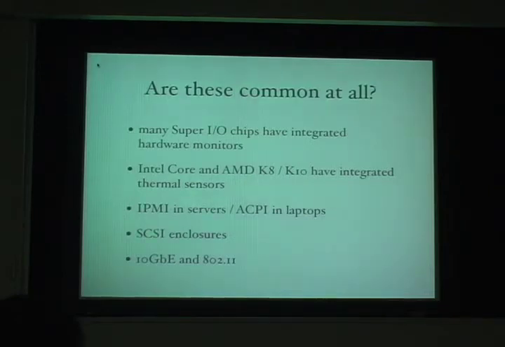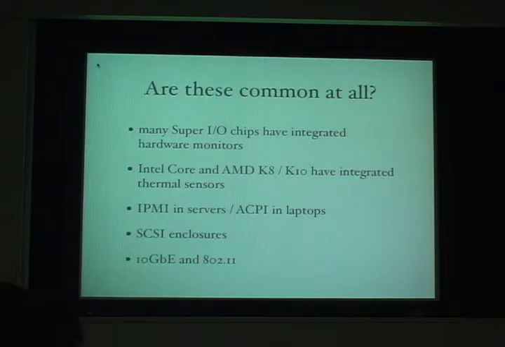And recent processors also have publicly documented interfaces for acquiring temperature readings. For example, Intel Pentium 4 and Core 2 processors have this, and some newer processors have it too. And AMD K8, K10 and K11 also have it.